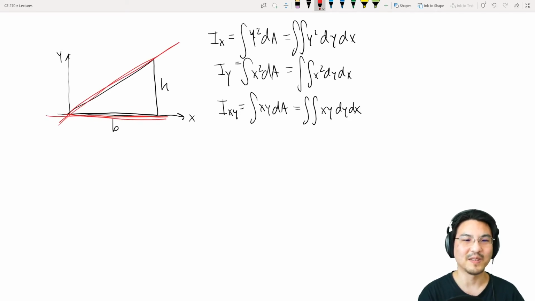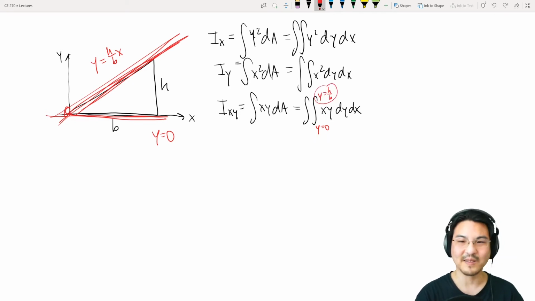This function down here is y equals 0. This function up here is rise over run, h over b, x, plus the y-intercept is 0. These are the limits of integration in the y direction, and in the x direction from 0 to b. These are the same for all of these.